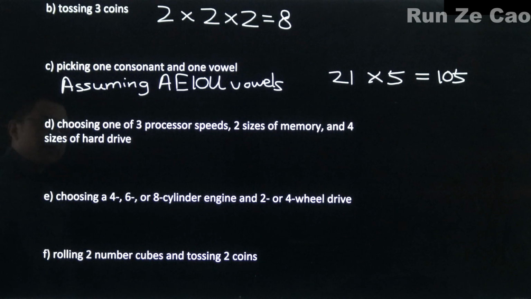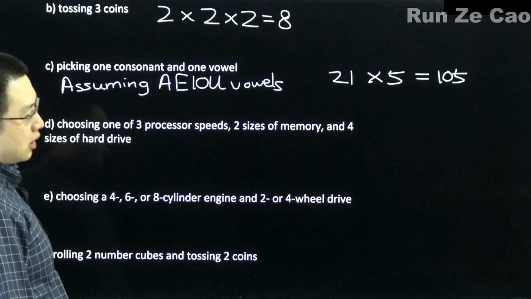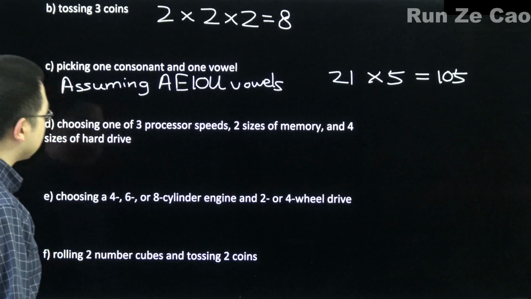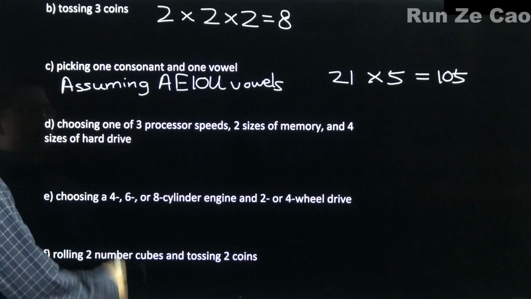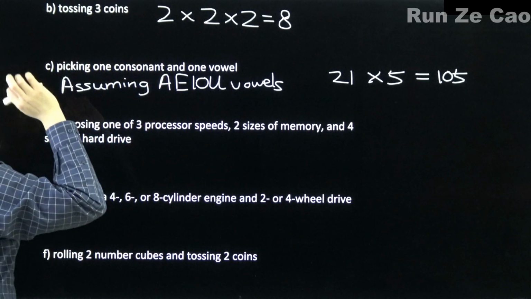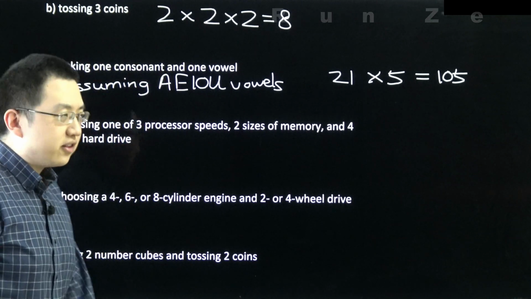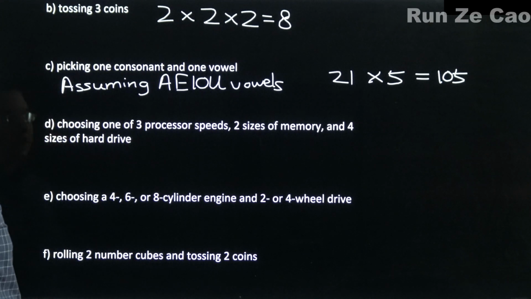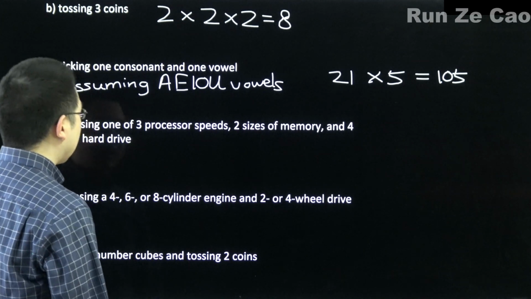Now let's say we have to make a computer, or maybe a cell phone. Cell phones don't have hard drives, we don't call them that at least. So a computer, and we have to choose one of 3 processor speeds, 2 sizes of memory, and 4 sizes of hard drive. As far as I'm concerned, for processor speeds, there's only one option really, and that's the highest one you can get.